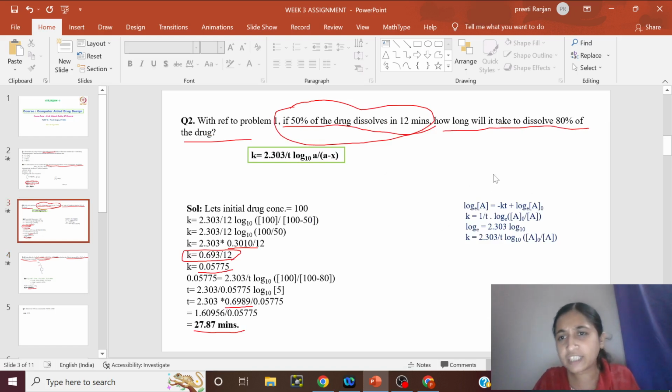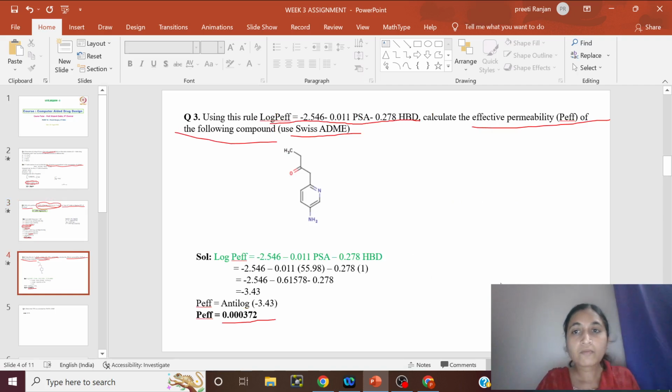Yeah, yeah. Because I have shown here now, if ln is there, then you have to convert to log base e. Like this is the ln. So you have to calculate 2.303 log 10. So this problem is solved, right, Dinesh?